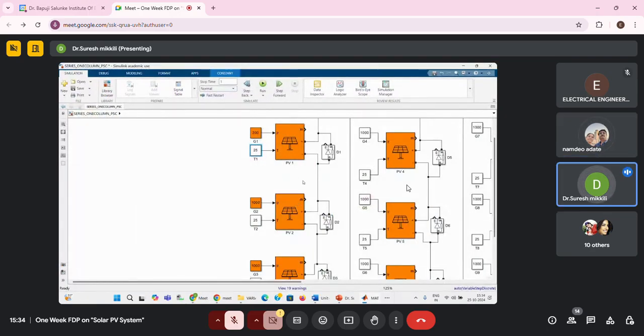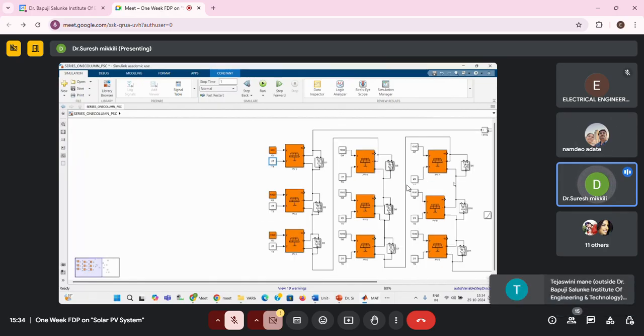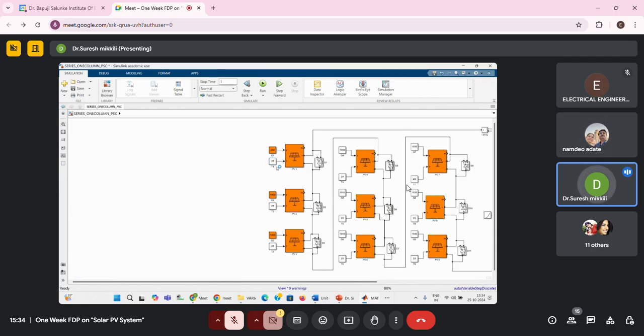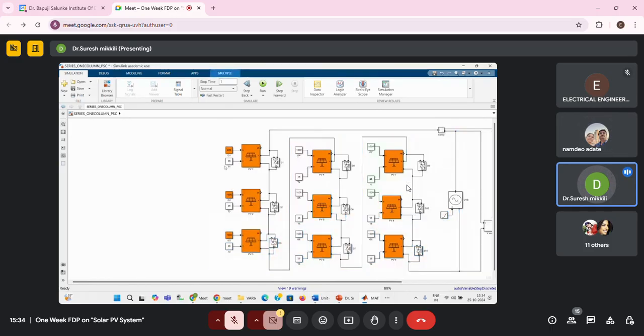Try to understand. Now there are 9 modules. On the 9 modules, we considered a constant irradiance of 1000 watt per meter square and 25 degrees centigrade. Different irradiance conditions also we have taken, like column shading, row shading, or diagonal shading.